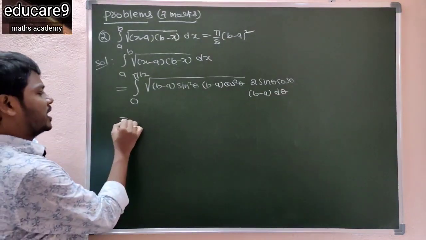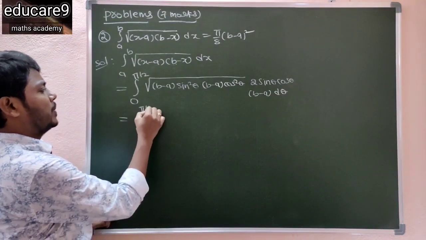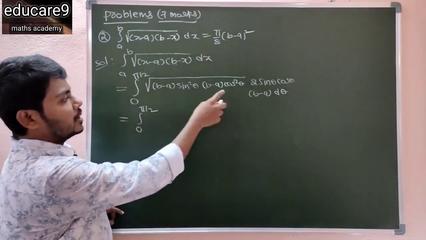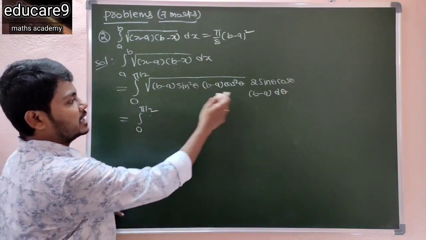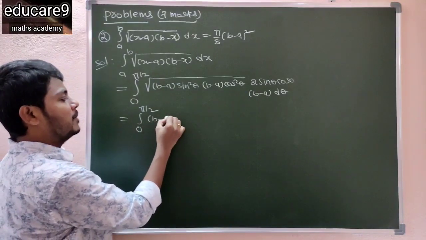So therefore this is integral 0 to pi by 2 of square root of (b minus a) whole square.